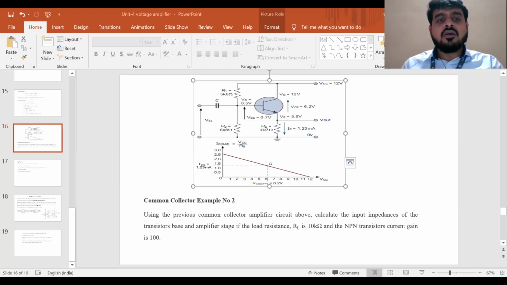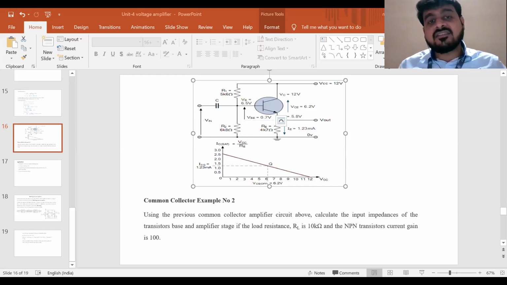Clear? So from there, my input impedance can be called R bias parallel to the base impedance. How will you find the base impedance? The base impedance formula, write down Z base, is equal to beta into RE, divided by beta into RE plus RE dash.